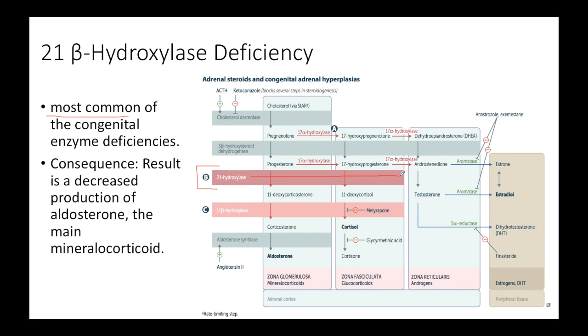So we're going to have a decreased production of aldosterone and a decreased production of cortisol also, since this is also blocked. So our steroid synthesis system is primarily going to go in this direction towards androgen formation.